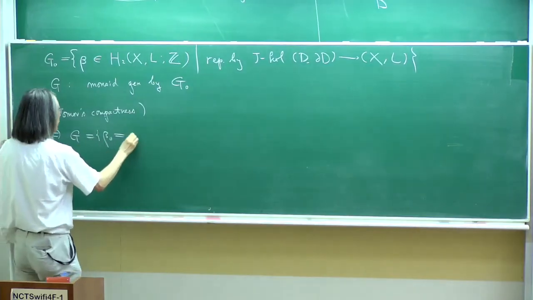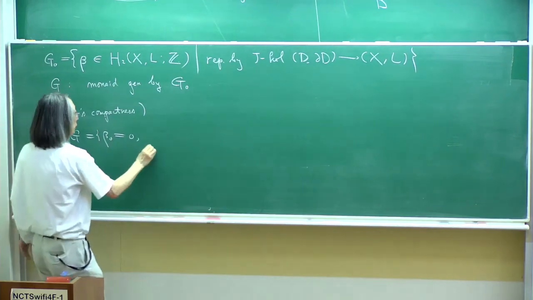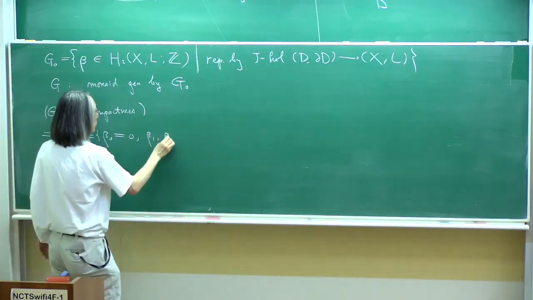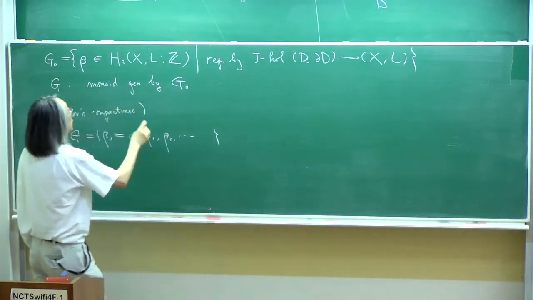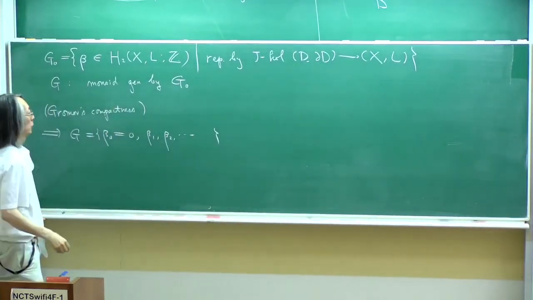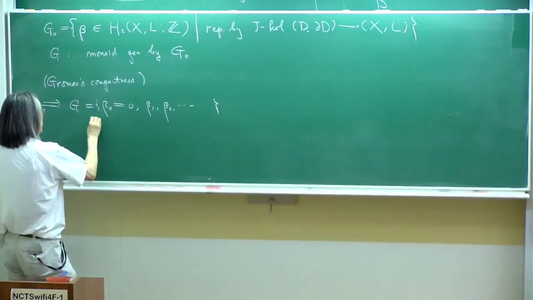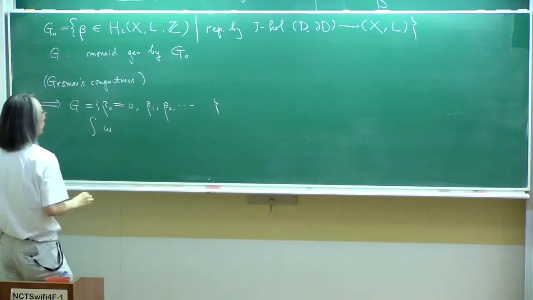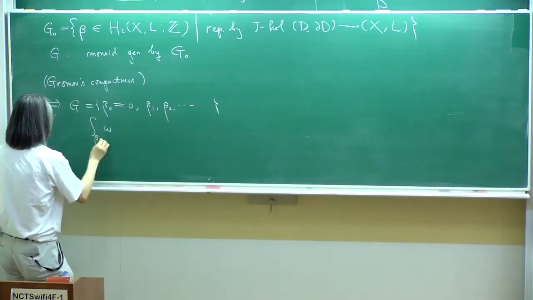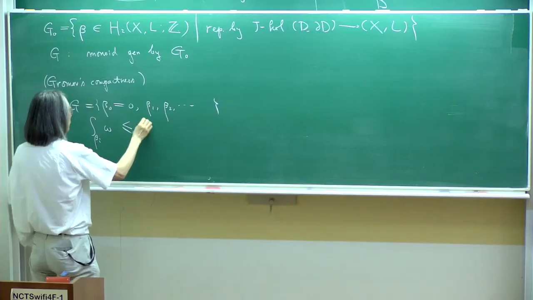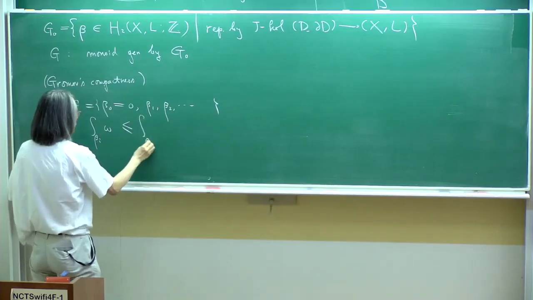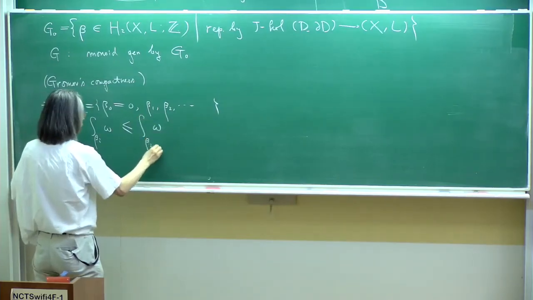So first one is actually the trivial class, and then you have beta 1, beta 2, and so on. Certainly you can enumerate them with the following property. If you take the integral of omega over beta I, then this is less than or equal to the integral of omega over beta I plus 1.